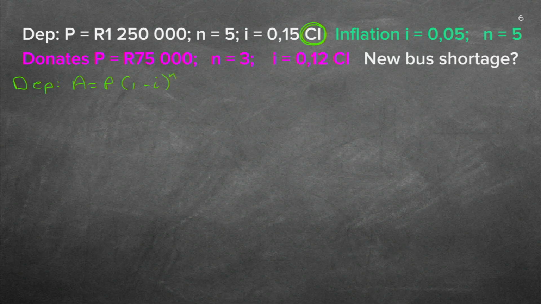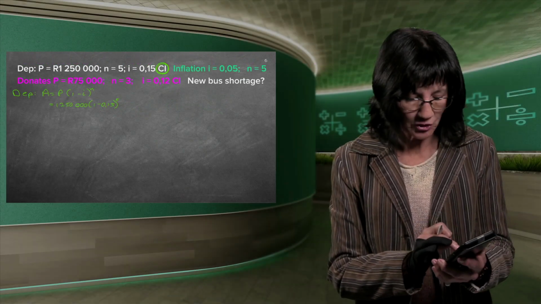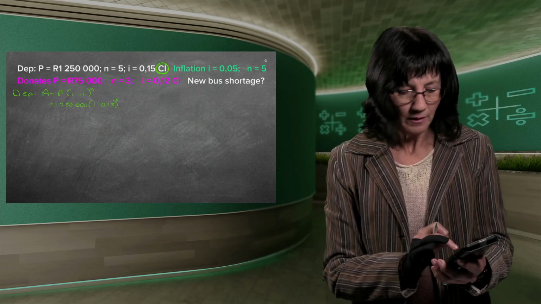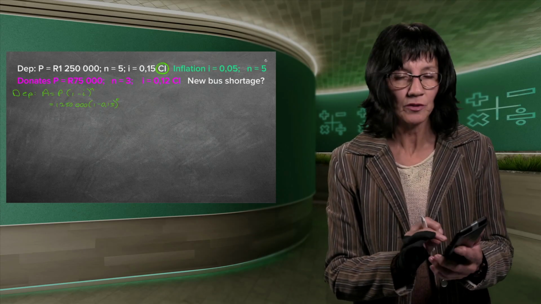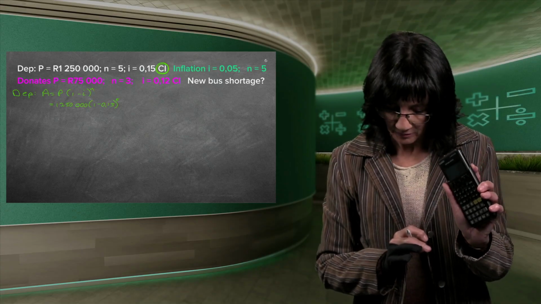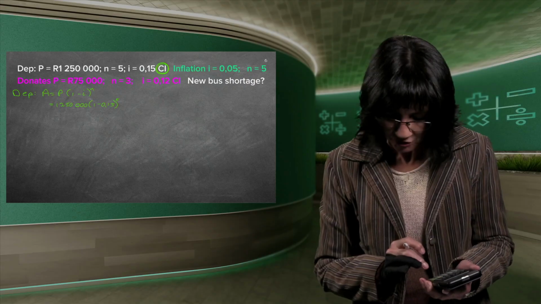Now I'm going to start filling in. 1.250, 1 minus the interest, which is 0.15, to the power of 5. I'm going to click that on our calculator. So if we click that, make sure lots of zeros, 4 zeros. Make very sure that you don't press 1 too little or 1 too much.